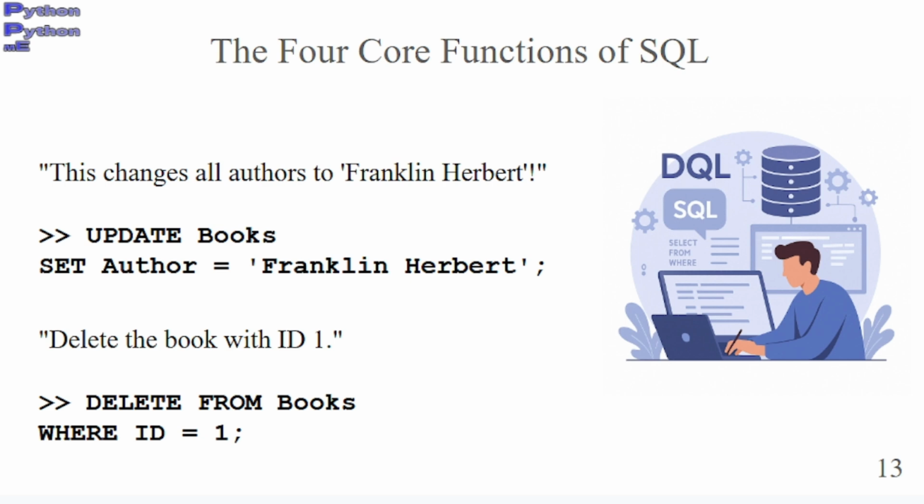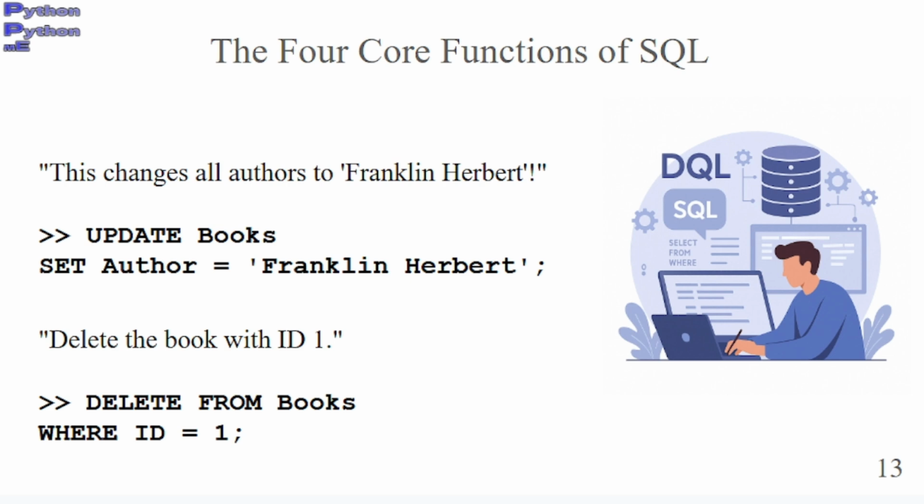Similarly, let's say we would like to delete the book with the ID 1. In this case the specific book which has the ID 1 needs to be removed. Therefore here we would use the delete command. This command would target only the row where the book's ID is 1. Again, the where clause ensures that we only delete the book that we want.